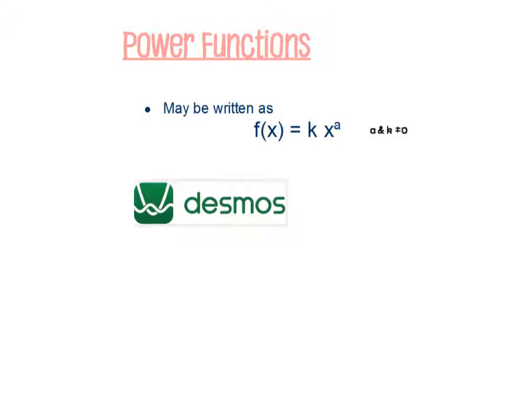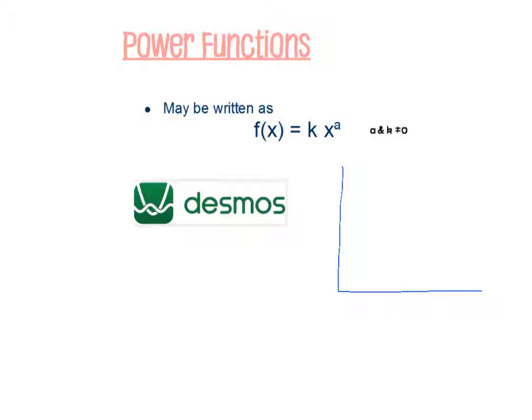Now, I spent time in class and I went to Desmos and I typed this in and we looked at what can happen as that exponent changes. I can't really go into Desmos very easily on this video, so I'm going to go ahead and just show you some of the variations.